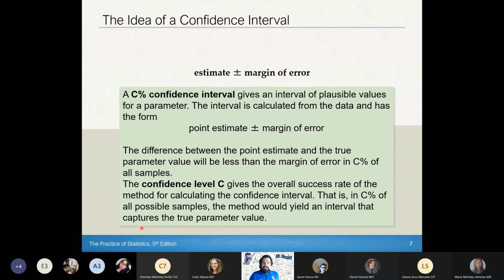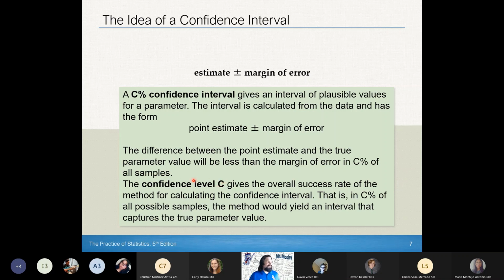So again, we're using that word captures, contains, right? And so again, we have two different things here. We have a confidence interval, a certain percentage confidence interval, and that gives us an interval of plausible values for a parameter. And we can be a certain percent confident that that interval has our mean or our parameter.